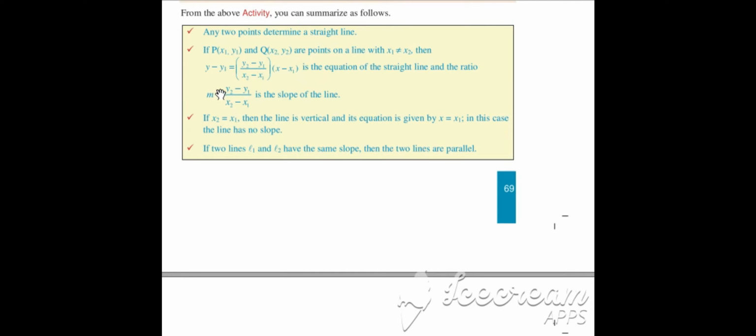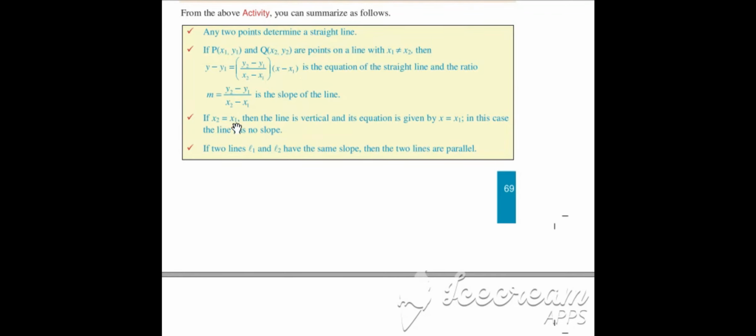Then we can change it to the general form y is equal to slope times (x minus x1) plus y1, when we move this minus y1 to the right-hand side. Sometimes we can also take y minus y2 is equal to (y2 minus y1) over (x2 minus x1) times (x minus x2). We get the same equation of the line.